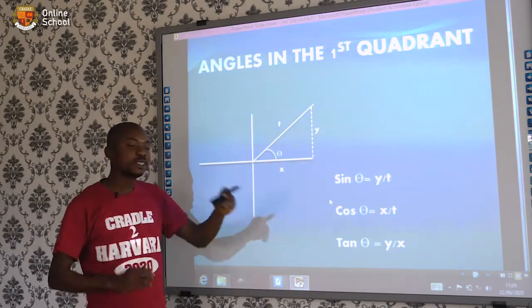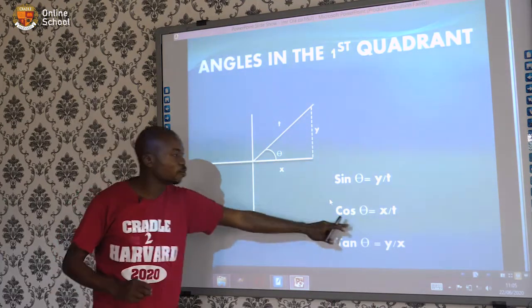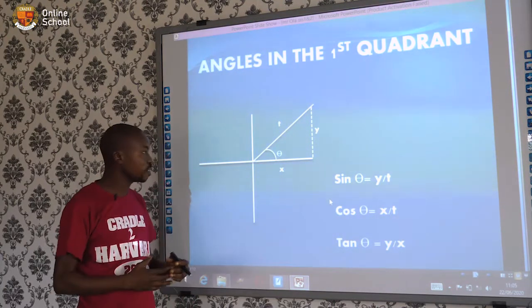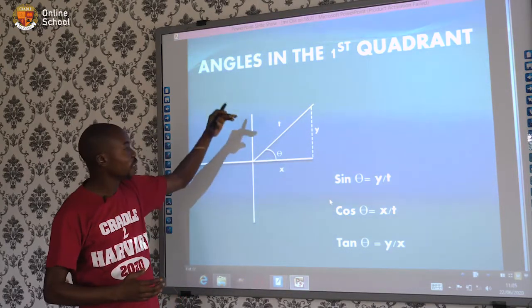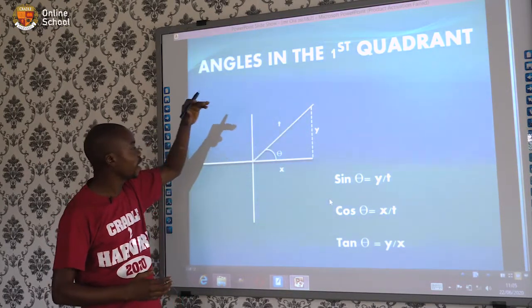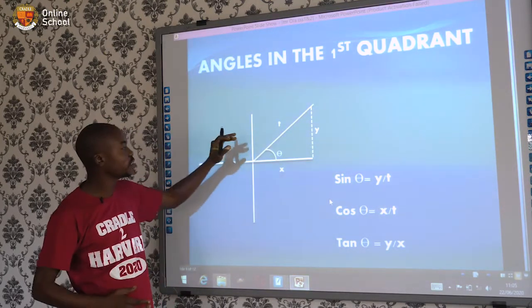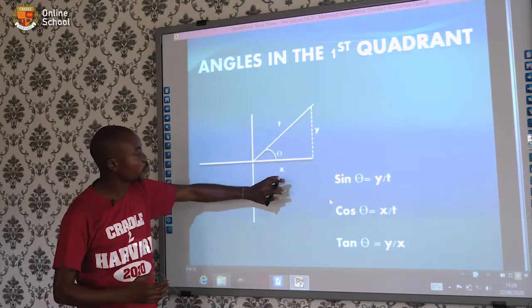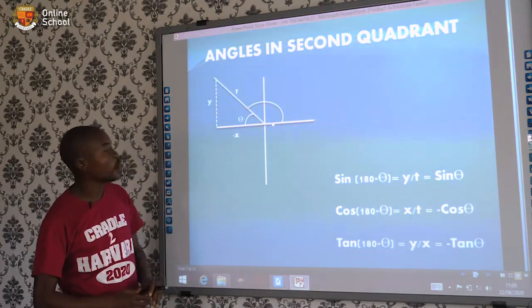Cos theta, which is adjacent over hypotenuse, x over t, is also positive in the first quadrant. Tan theta, which is opposite over adjacent, is also positive. So all three of them are positive in the first quadrant.